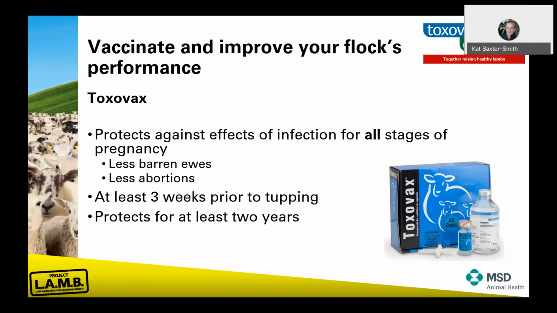Once it's given, it's only one dose and it protects for at least 2 years. In real life, we tend to find that one dose is enough for the lifetime of the ewe, because they will be exposed to toxo in the environment naturally, and this will continue to boost their immunity to the disease. So once they've had the vaccine in the first year, they tend not to need another dose.